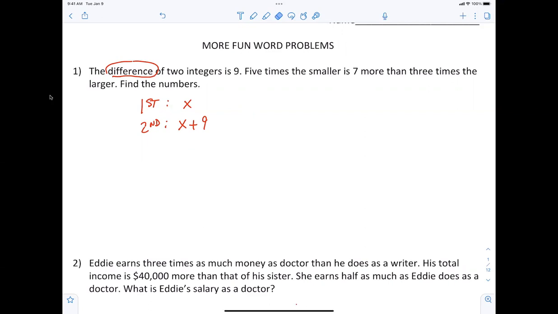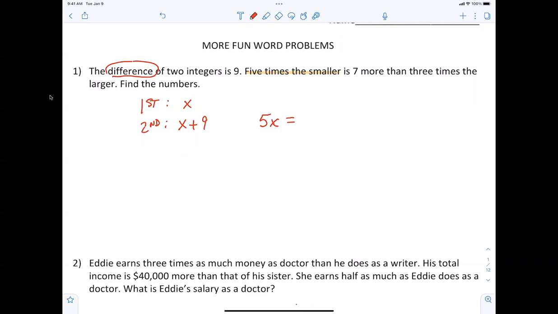Now you made the connection between the two numbers. Now you have to translate the sentence. 5 times the smaller. How do I write 5 times the smaller? 5x. In math, "is" means what? Equals. How do I write 7 more than? Say it again: plus 7, not 7 plus.